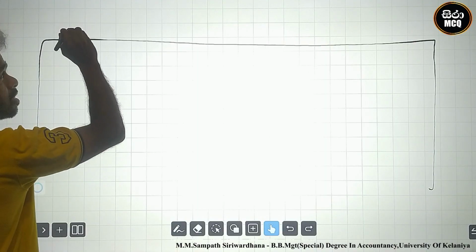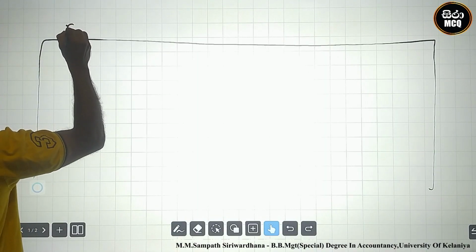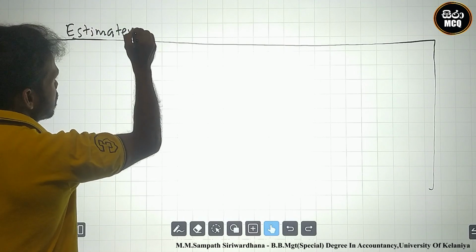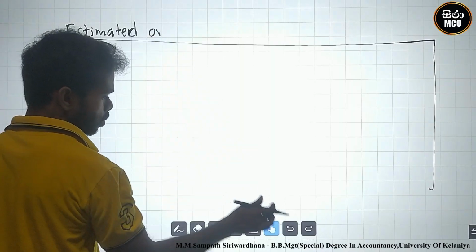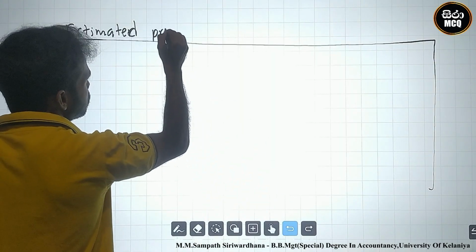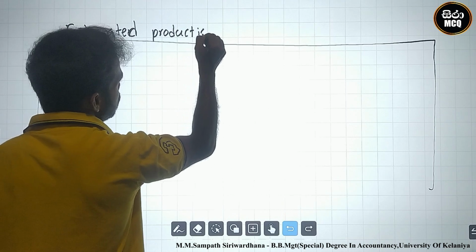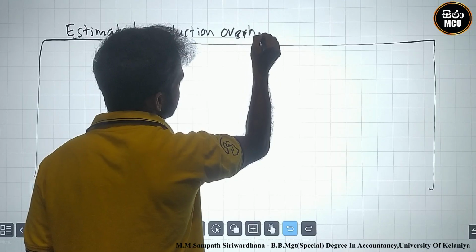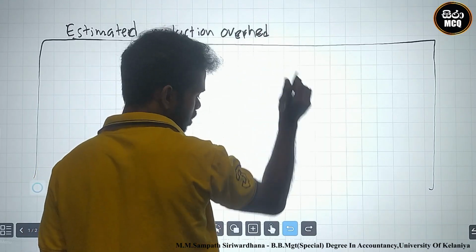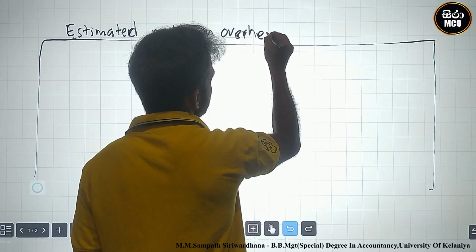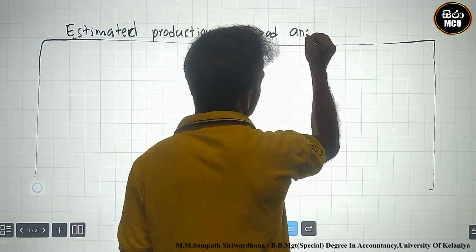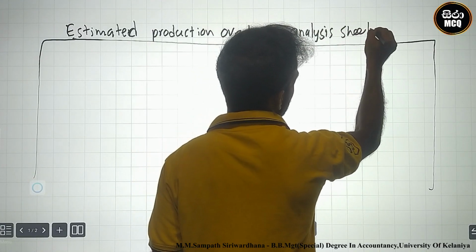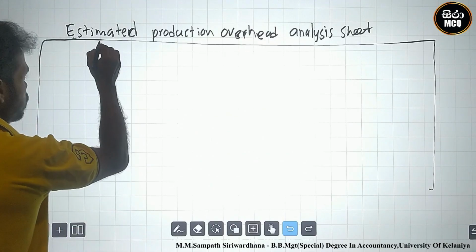What is the statement? The estimated production overhead analysis sheet. At that time there are so many columns.